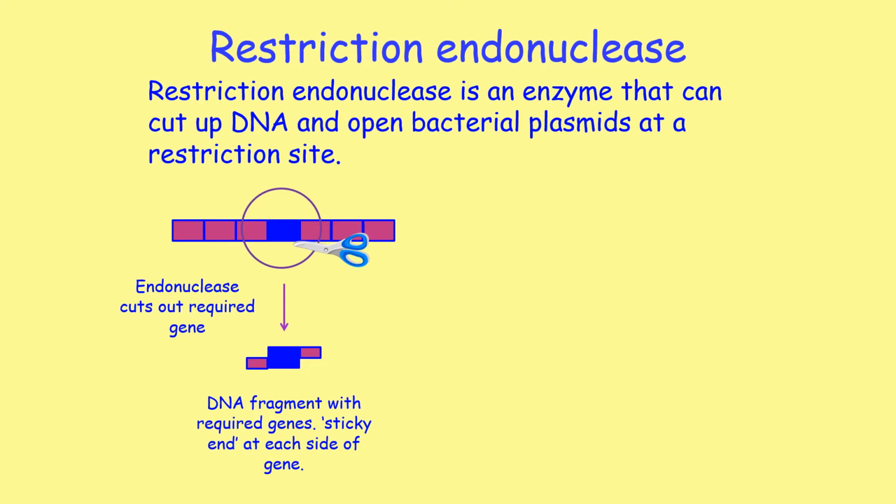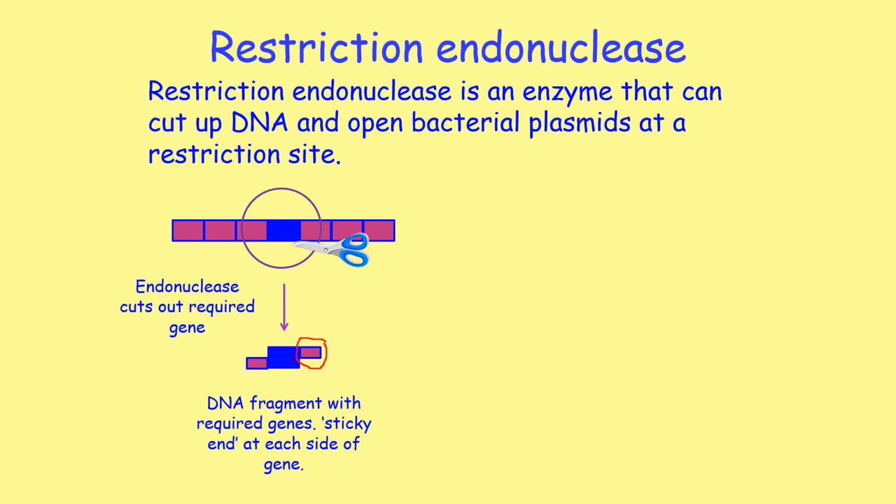Now what I mean by that is we've cut the DNA at a specific base sequence, so it might be ATT. What you can see is this pink side here is a single strand of bases, and it might be ATT. The reason why it's called a sticky end is because, as you know from Unit 1, our bases will form complementary base pairs.